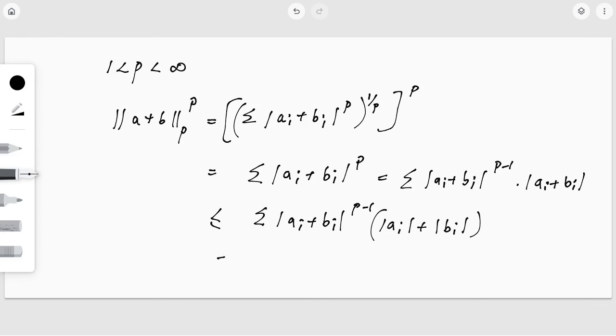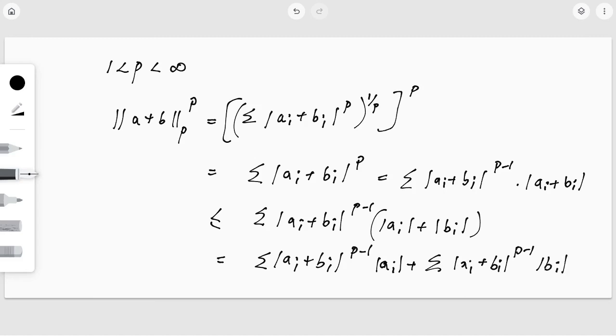This is equal to summation mod ai plus bi whole raised to p minus 1 into mod ai plus summation mod ai plus bi whole raised to p minus 1 into mod bi.